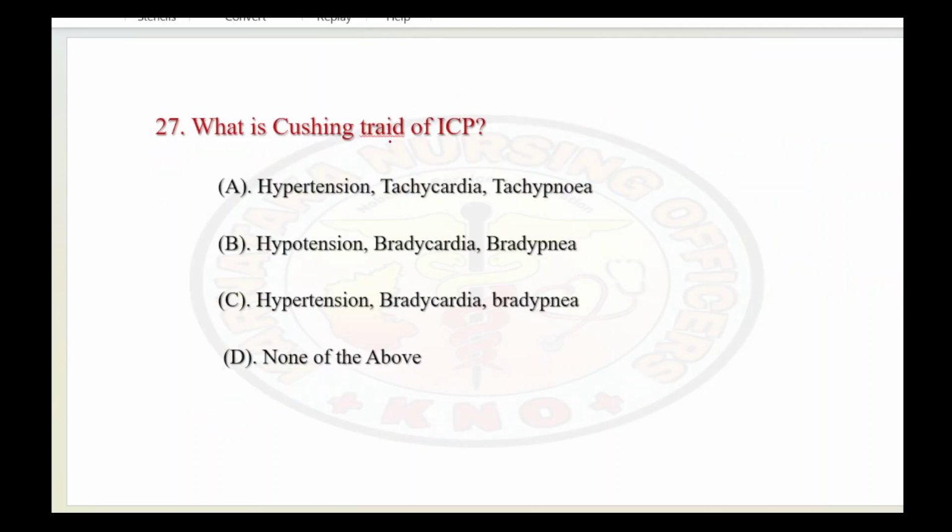So let's see the next question. What is the Cushing triad of intracranial pressure? So first we need to know the triad symptoms of ICP. Triad symptoms include widened pulse pressure.